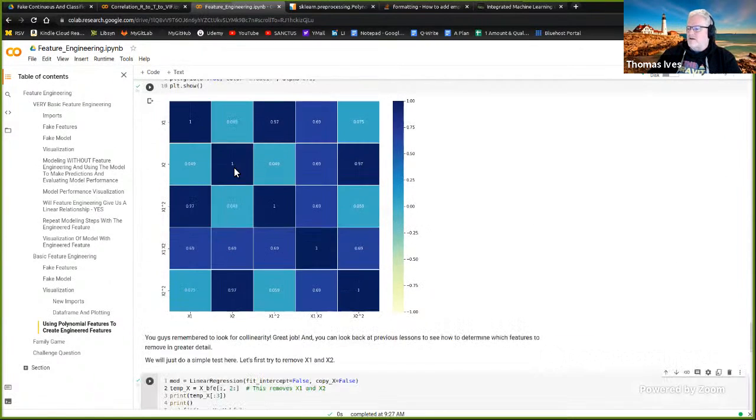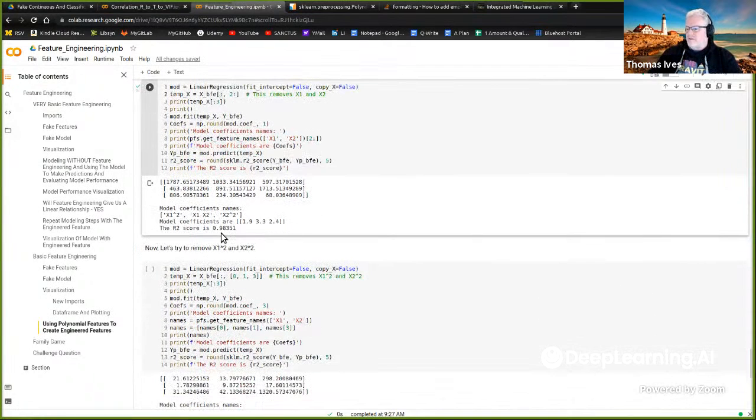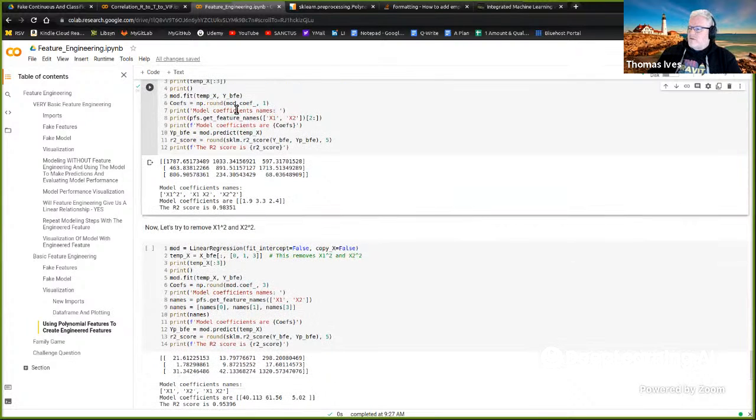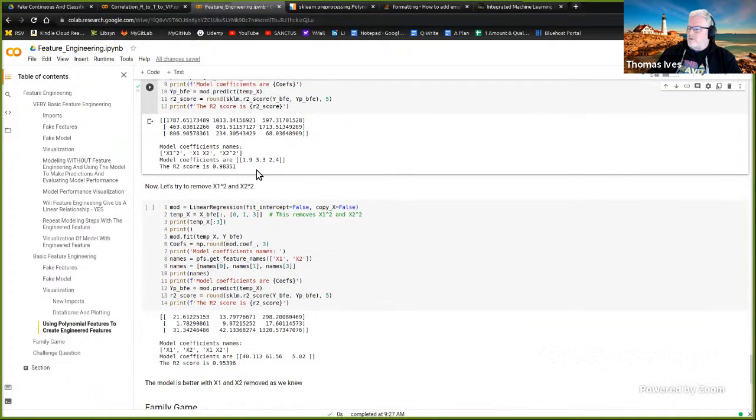Again, don't fall in that trap. Once you know you've got collinearity, you're only comparing between the ones where you're eliminating features from the collinear groups. So that's when we remove X1 and X2. What if we removed X1 squared and X2 squared?